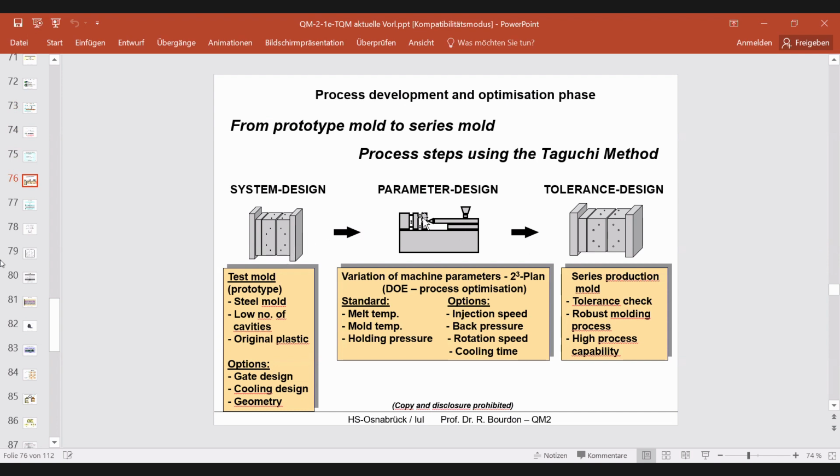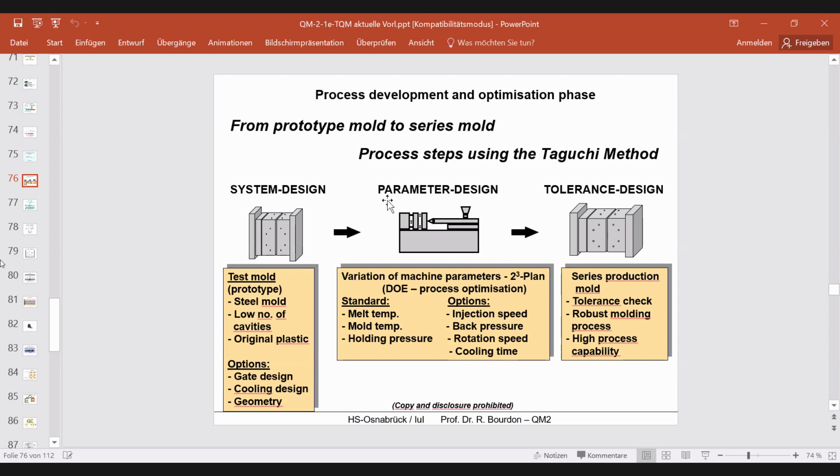If you think of injection molding of plastic components, you need a steel mold, and most of the geometry of the inserts here has to be as later on in the series production. Also, it has to be a steel mold. So everything has to be very near to the later production.